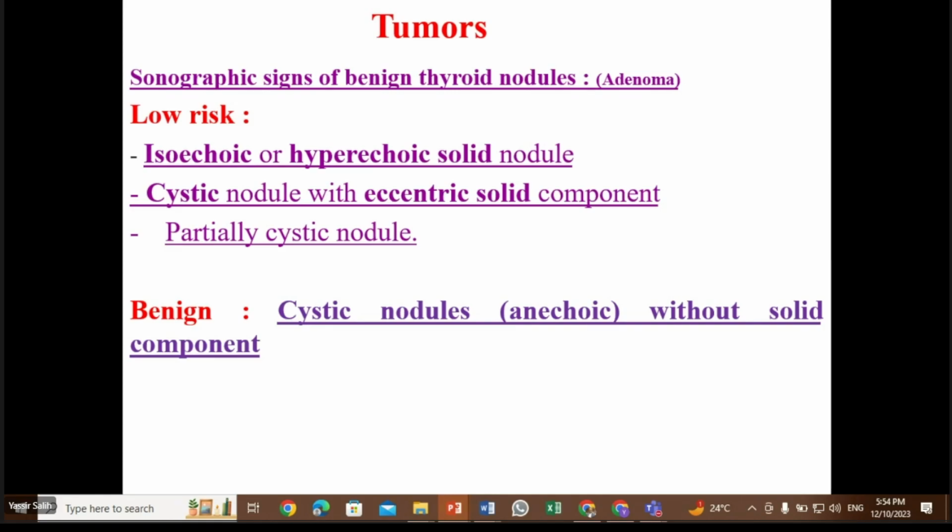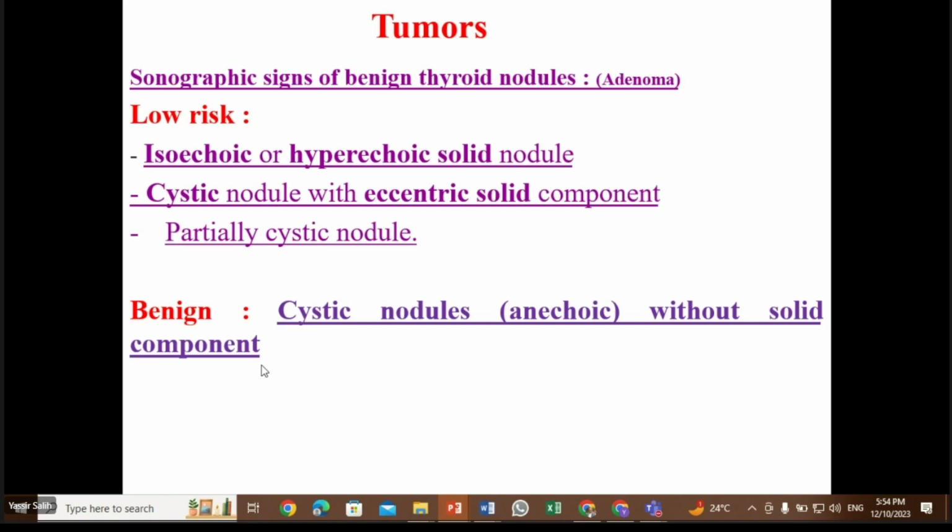If the nodule is isoechoic or hyperechoic solid, or cystic with an eccentric solid component, meaning there is a cyst but with a solid part, or a partially cystic nodule, we fear it and say this is low risk for malignancy, and it should still be evaluated more. But a pure cystic nodule, anechoic with no solid part, is most likely benign.